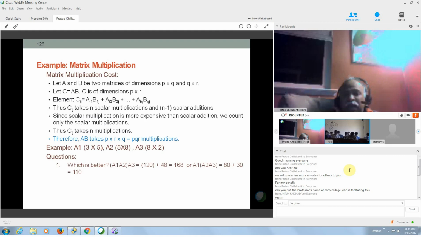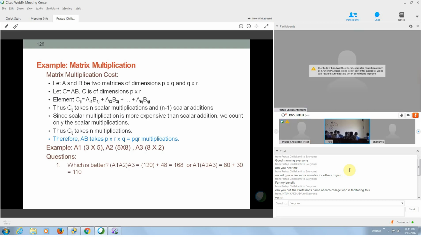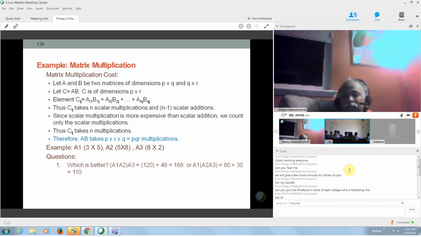We are ignoring the additions because multiplication takes longer than addition, right? So remove the lower elements, take the higher degree elements. We talked about that in our video analysis, right? So in your exam, if you are given three matrices and they say, hey, the matrices have dimensions, and say which is better, A1, A2 first followed by A3, or A1 first and then A2, A3 you multiply, then you do the A1 times that, right?